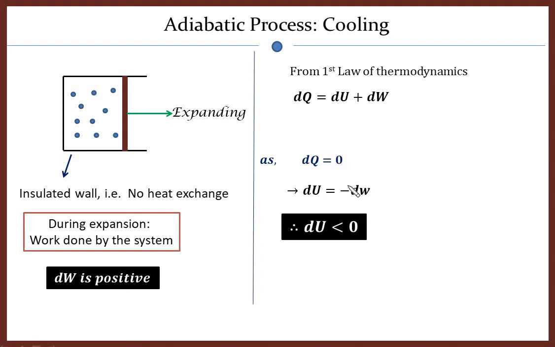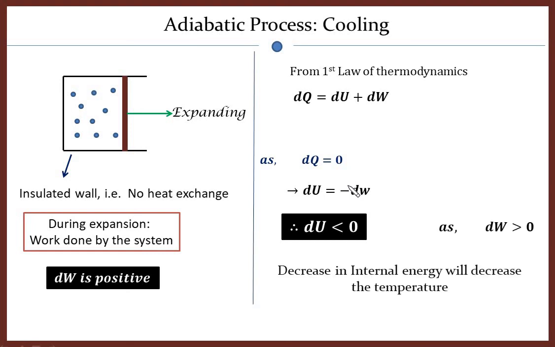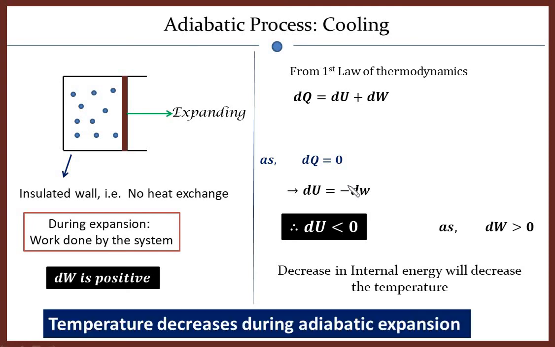That is, the internal energy of the system is decreasing. So a decrease in internal energy implies a decrease in temperature. Temperature decreases during adiabatic expansion. Temperature increases during adiabatic compression. That's how we can achieve heating and cooling effect by adiabatic process.